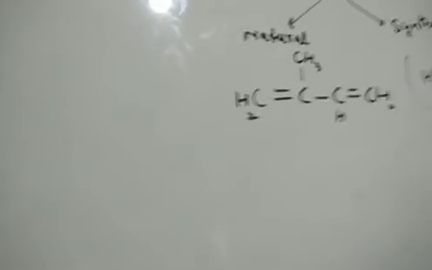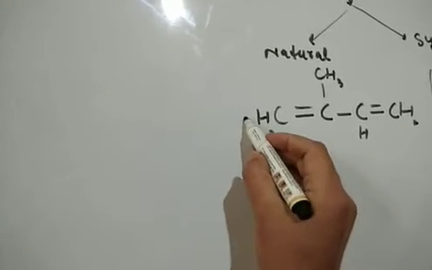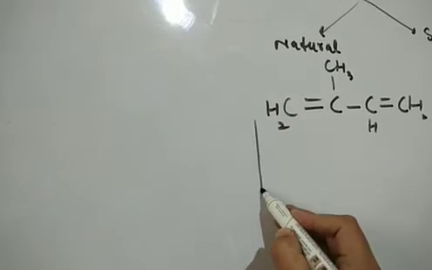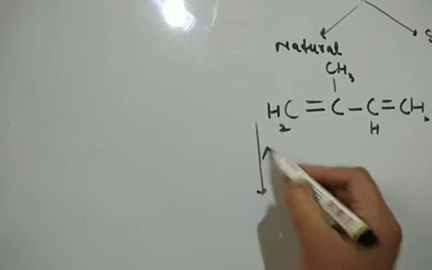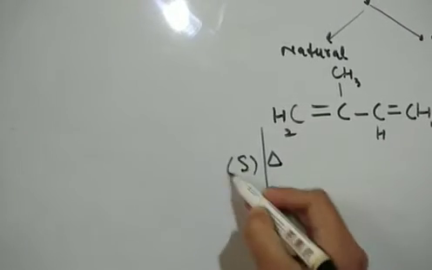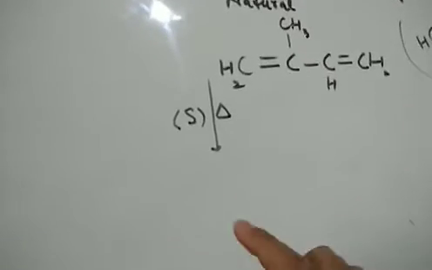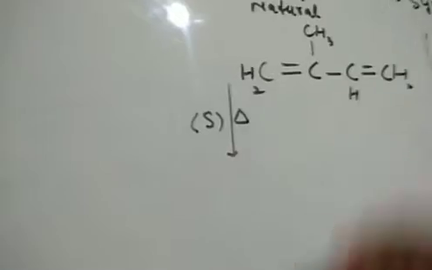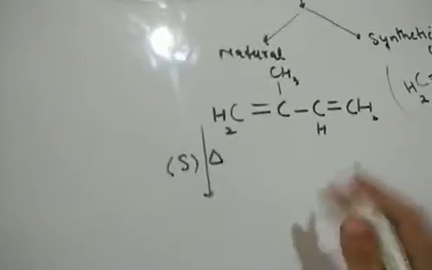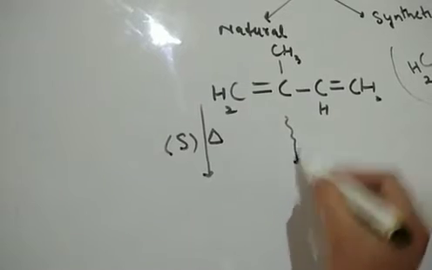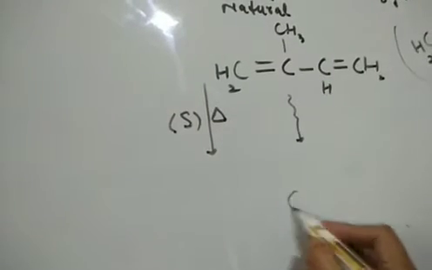We heat this in presence of sulfur. Sulfur undergoes cross-linking. It forms three-dimensional cross links. First, let's make the polymer, because this is the monomer. When it undergoes polymerization, it becomes like this.